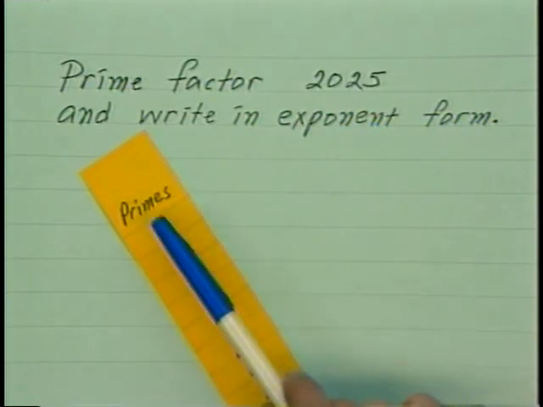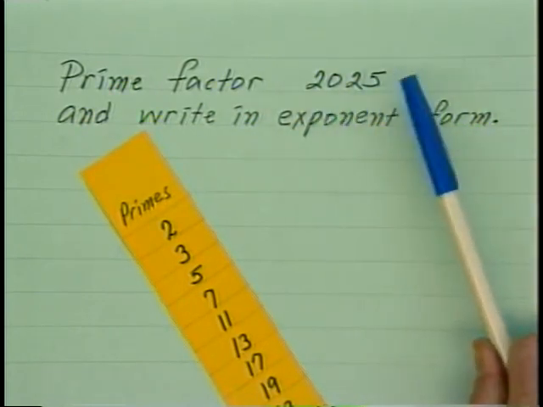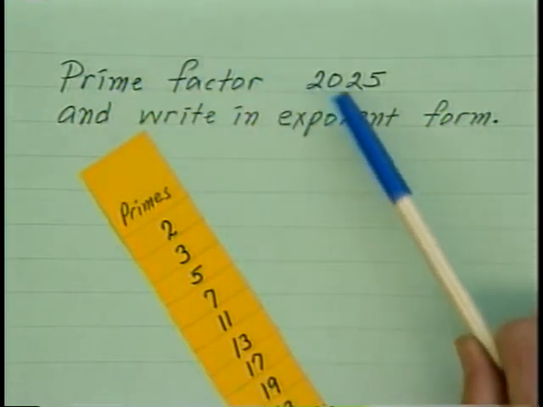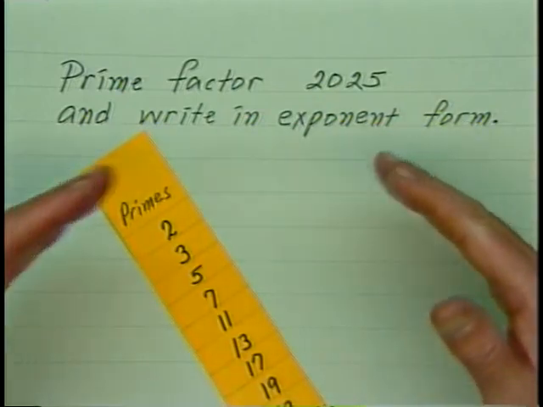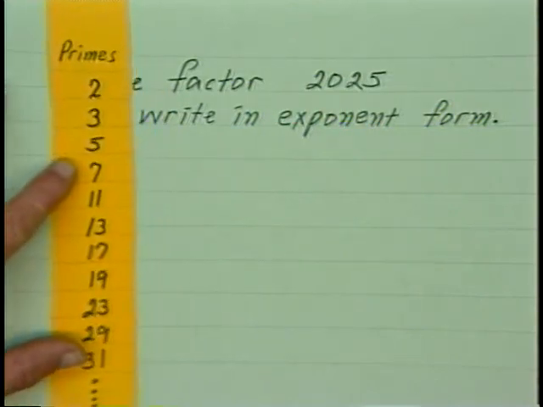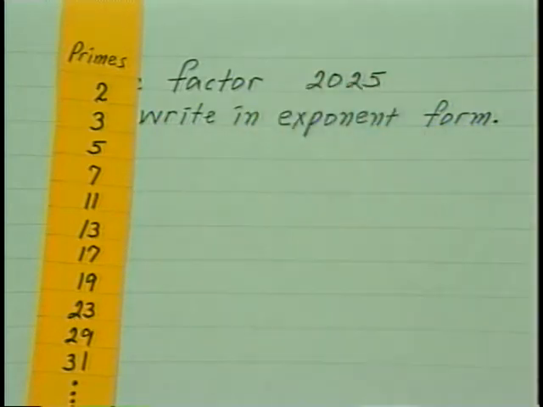And using a partial list of prime numbers, in the last chapter we gave you problems such as this. To prime factor, in this case 2025. Do you recall how to do that? It will be not just important to a later lesson in fractions, it will be absolutely necessary. So let's use this list of prime numbers and prime factor this number as a review.